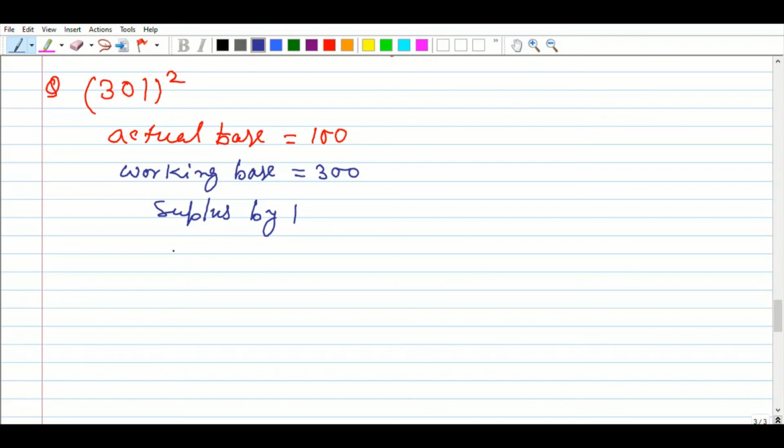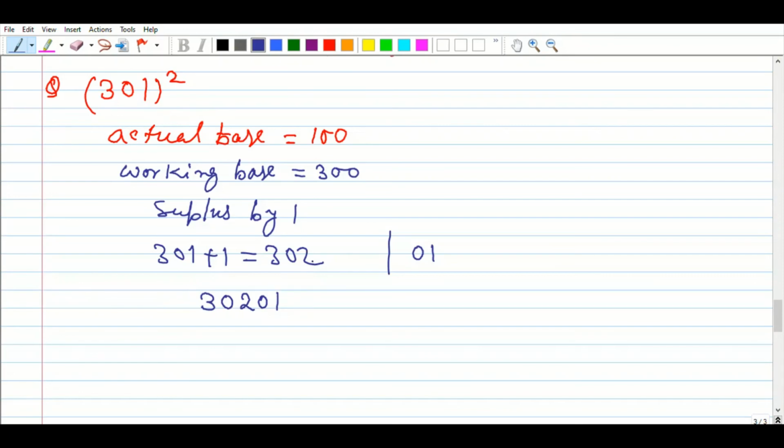So we write the surplus: we have 301 and plus 1 here, we get 302. Very good. Now the square of 1 is 1. Very good. Now the complete answer we have is 30201.